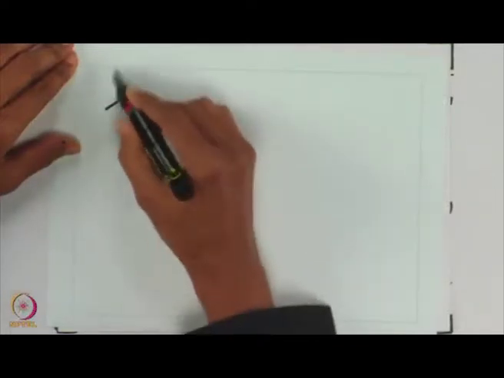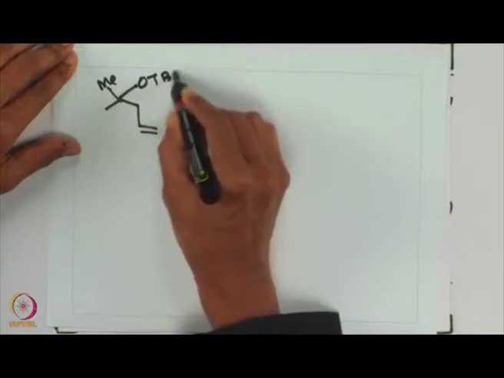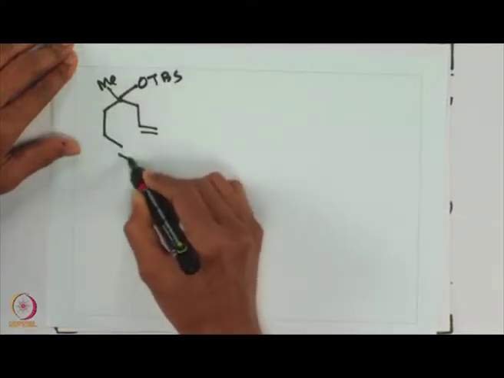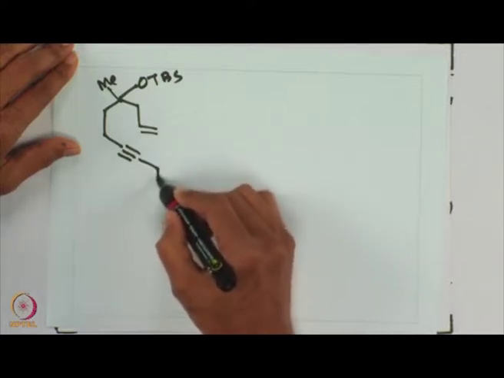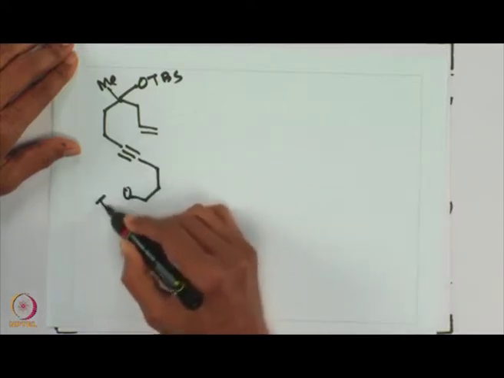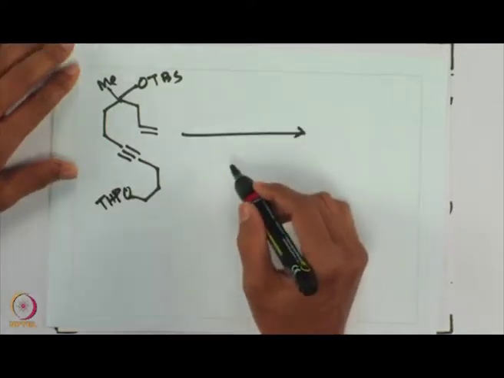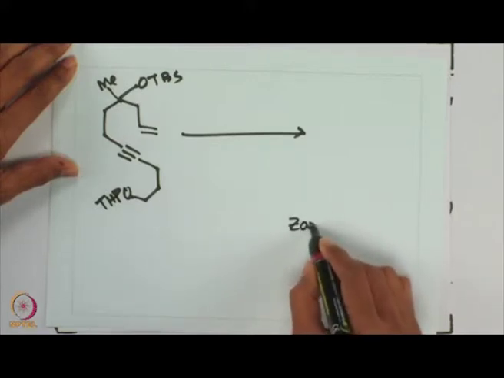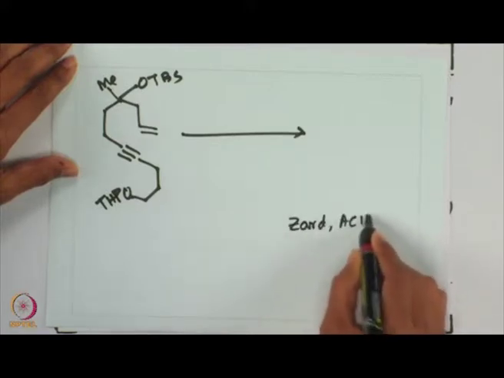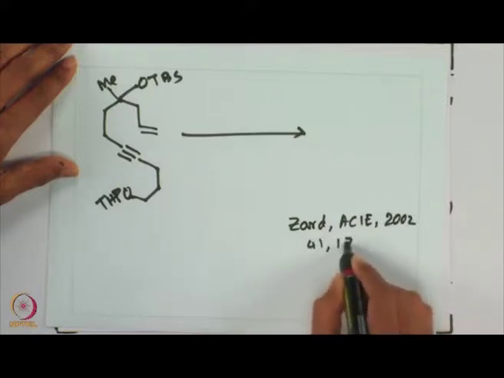Now, the example we have in hand is the one where it is substituted very efficiently. Once again, a terminal olefin and an internal alkyne are participating. This is a report by Jared, Angewandte 2002, 411783.